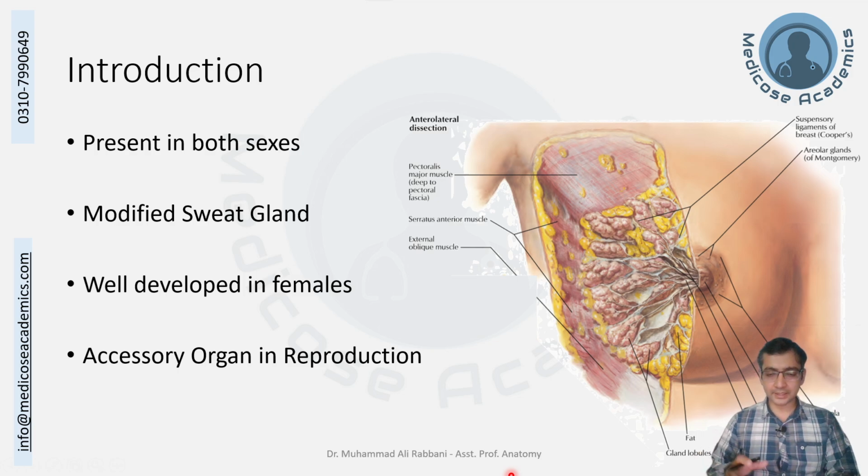So due to this again overlap, in some books you may read its histology in the skin, in the integumentary system. In some books you will read it with the organs of the reproductive tract.